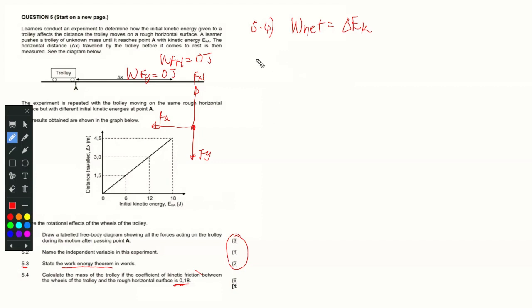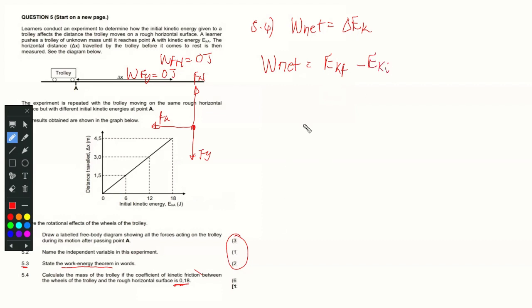Okay, so if we are to use this formula, W net is equal to change in EK. To calculate, we can simply say, let's have our W net formula and break it down to EK finally minus EK initially.